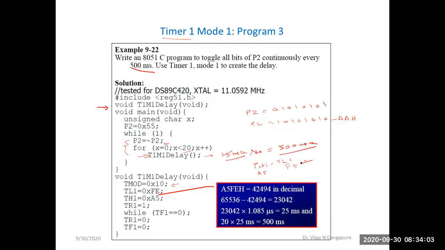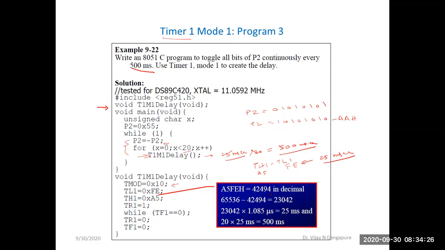These are values I have derived for a 25 millisecond delay. The steps are as follows. First I divide 25 millisecond by 1.085 microsecond. Whatever value I get, I subtract from 65536. Whatever value I get, if I convert it to hex, I get A5FE.